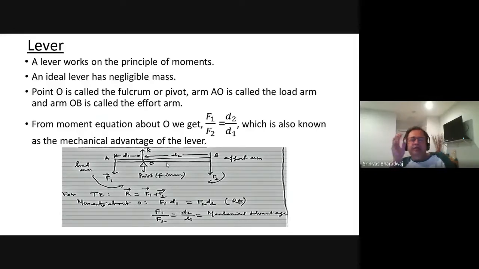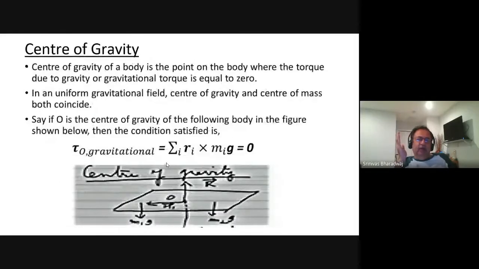Now the center of gravity. We already discussed center of mass: the integral of r dm, or sigma ri mi divided by sigma mi, gives you the position of the center of mass.